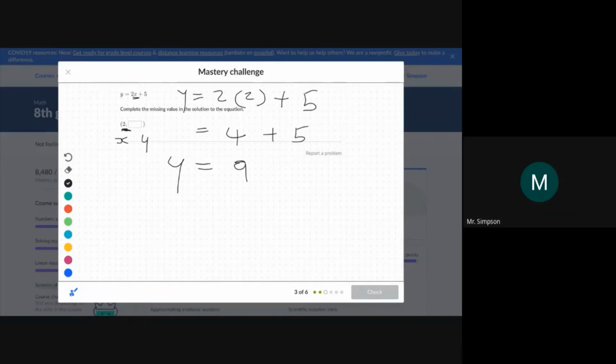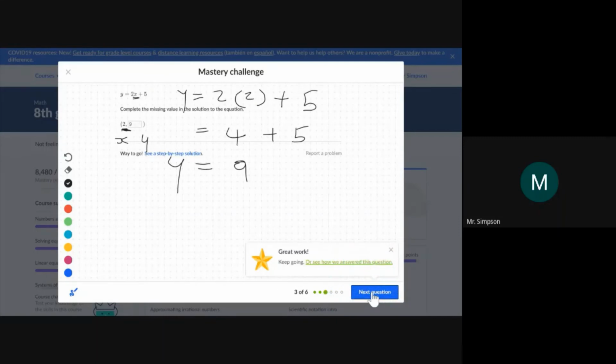So our answer here should be 9. The idea here is to substitute wherever you see x for 2. So 2x is 2 times 2, which is 4, plus 5 equals 9. We'll check that, and that is correct. So let's keep going.